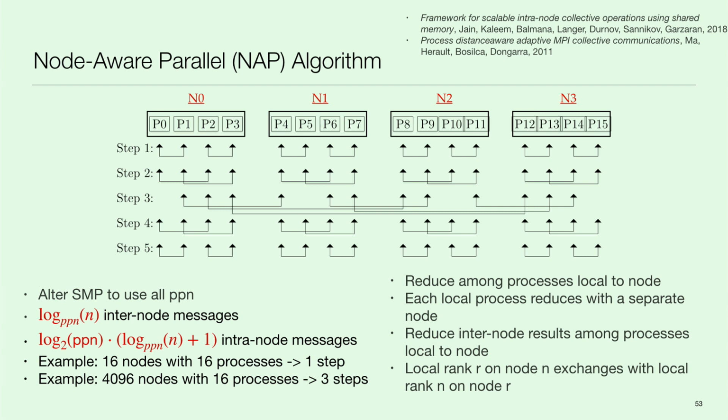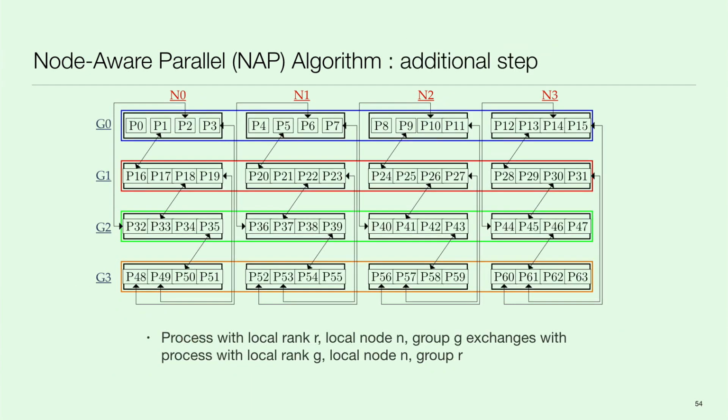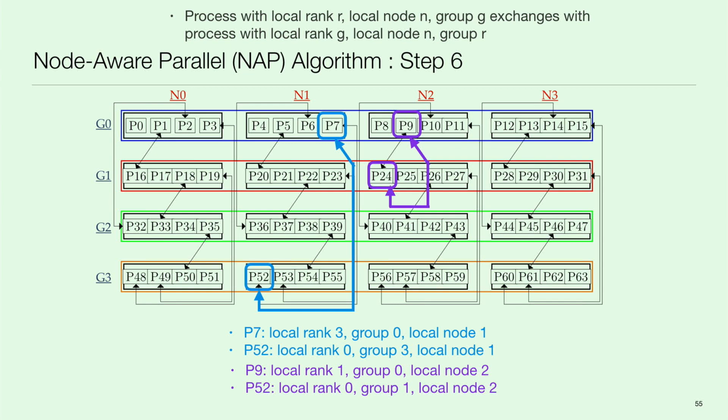If we had 4,096 nodes with 16 processes, it's going to take multiple steps for each one of the groups of nodes to have the same amount of information from every other one. What happens when you extend this is that we organize them into subgroups of nodes, and we have to do an exchange. Kind of going over this part quick, but in this case, we would have a unique partner for P7 to talk to.